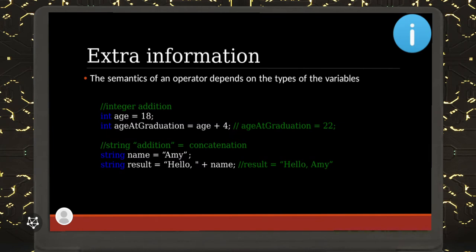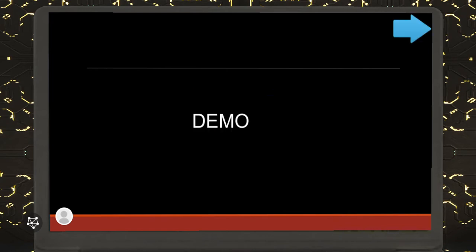And we have seen that you can concatenate strings using the plus sign. Between integers, it will sum up the values, but if you use it between two strings, it will concatenate those two strings. This was last week.